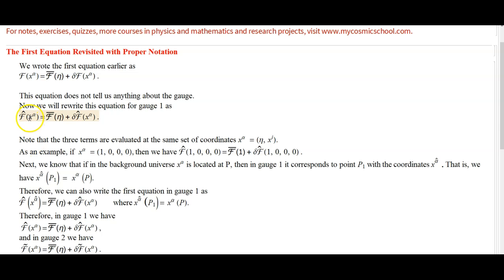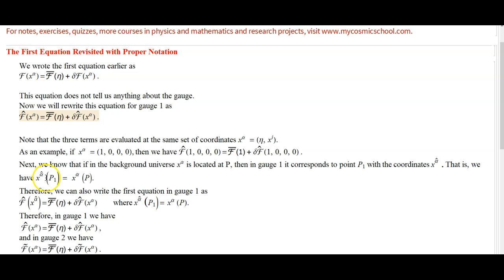However, you can also replace this x alpha with x alpha caret, where x alpha caret is the set of coordinates in gauge 1 corresponding to x alpha in the background universe.